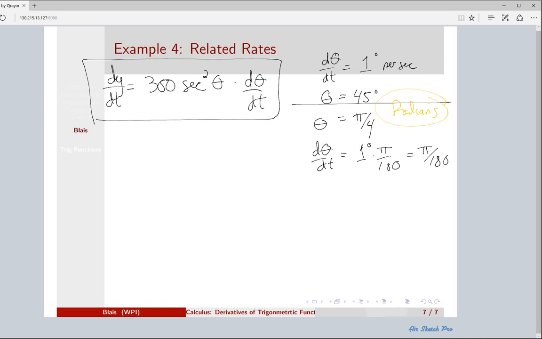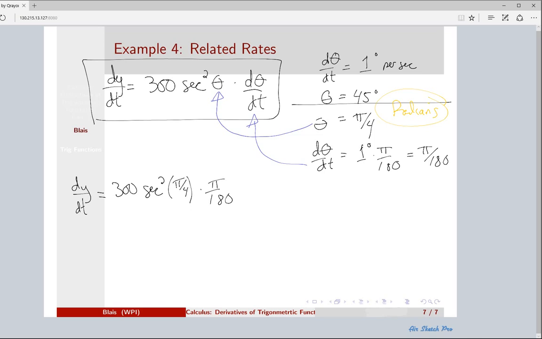So plugging in these two pieces of information into our formula for dy dt, we have our theta in radians, and then we have our d theta dt. So dy dt becomes 300 times secant squared of pi over 4 times pi over 180.